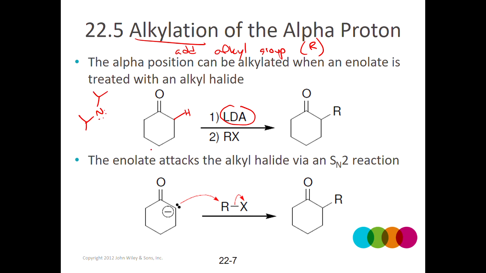I need a strong base because I need to convert all of these molecules into the enolate. I can't leave any behind. If any of them don't get converted into the enolate, then the enolate may attack the ones that didn't react and that are remaining. So I need an especially strong base with a really unstable negative compared to the unstable negative that's going to form to pick off that proton and form the enolate.